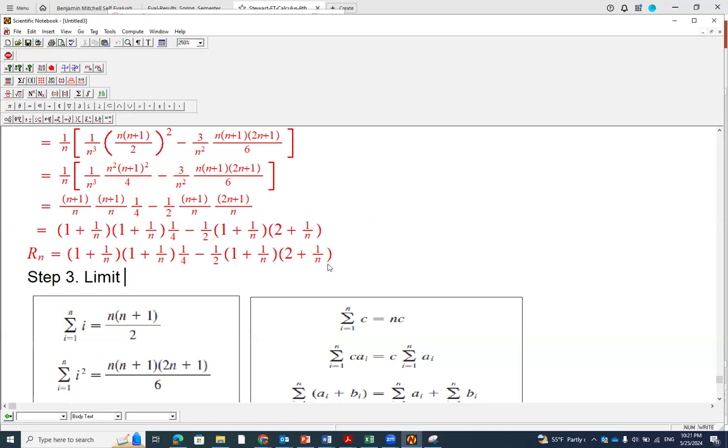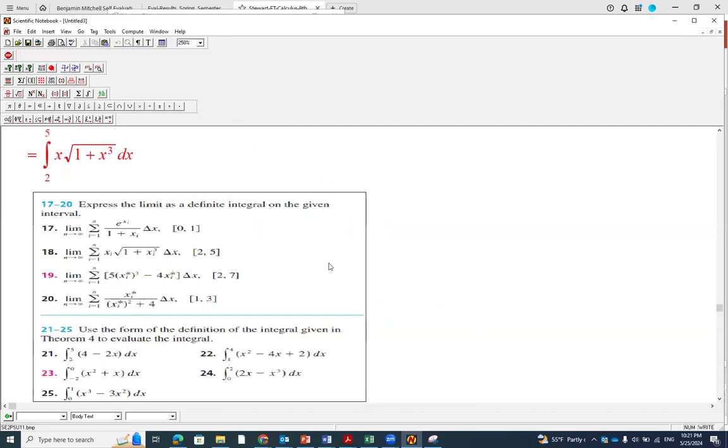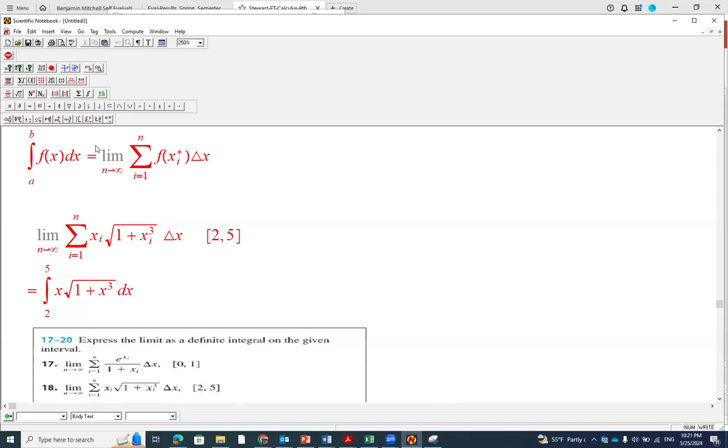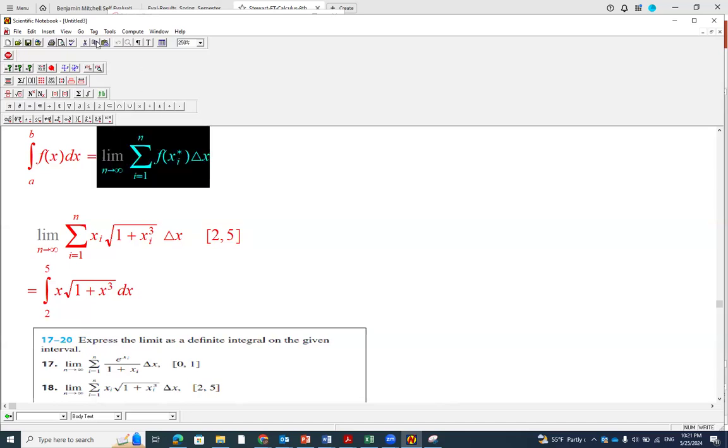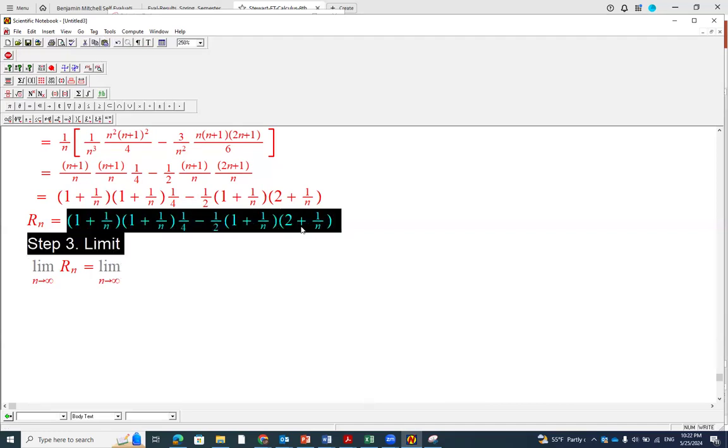Okay, limits. All of these are not useful anymore. And we're taking limit, which is where is our limit notation? Our limit notation is right here. We just borrow that. Okay, and we're taking limit on capital R_n, because that's the whole of the Riemann sum, equals to that limit on all of these we just found.